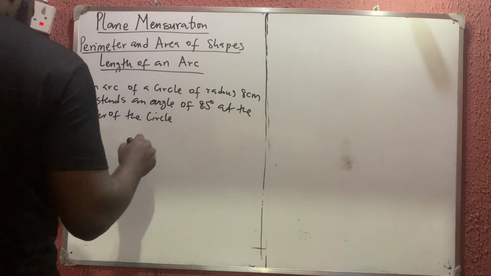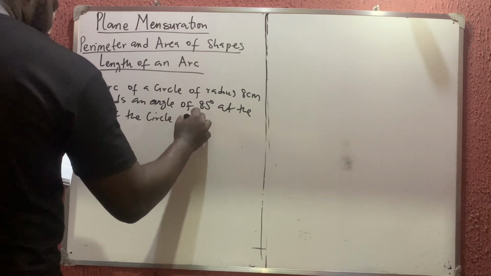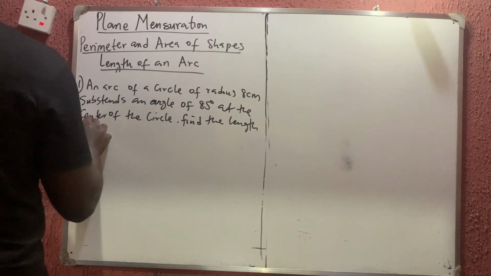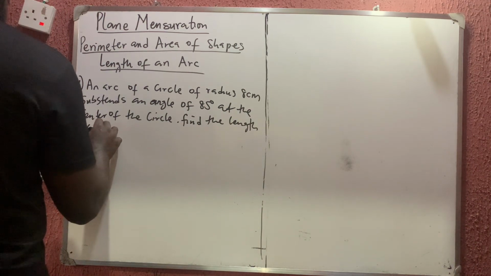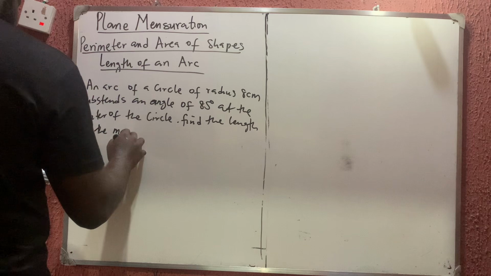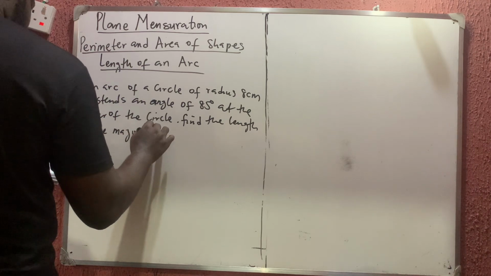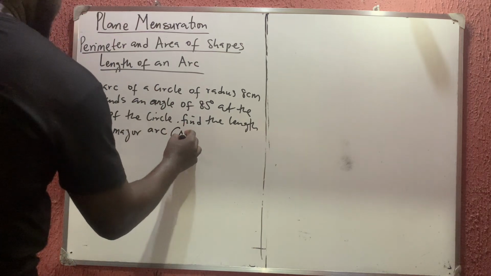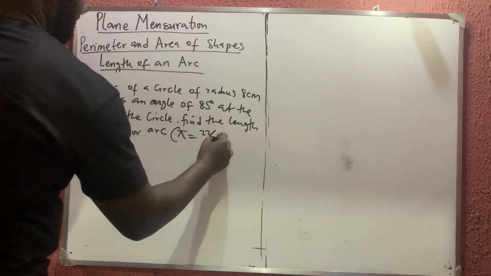Then it says we should find the length of the major arc. Okay, now then it says we should take pi as 22/7.